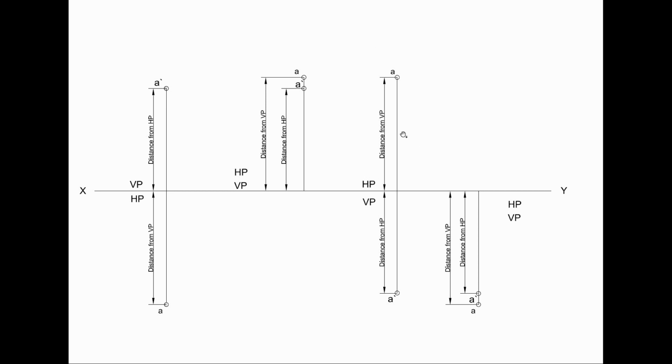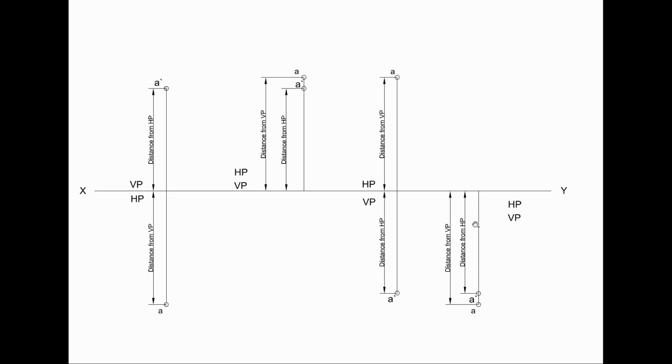When you move to the third quadrant, you can see the difference between the first quadrant and the third quadrant. The distance from VP is marked above, HP is above, and VP is below the XY line. A is above the XY line and A prime is below the XY line.